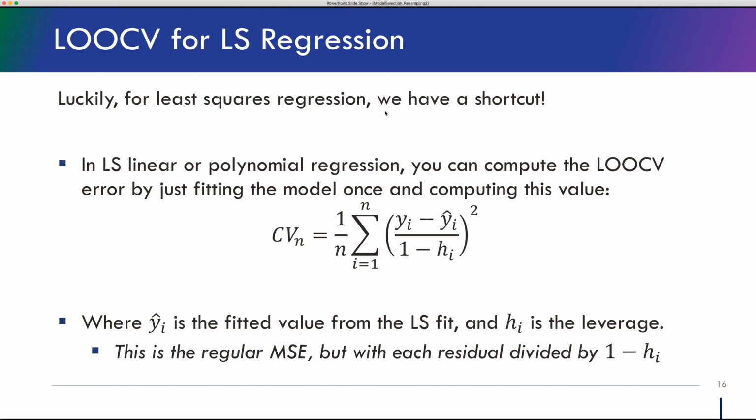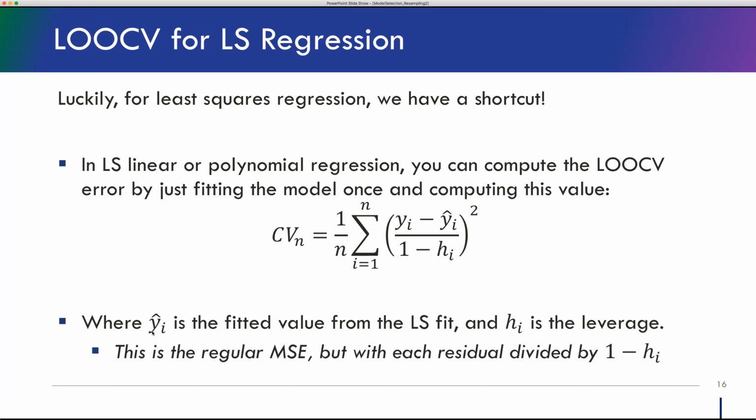We have this particular slide for least square regression. For least square regression, we actually have a shortcut for leave one out cross validation. This is for least square linear or polynomial regression. You can compute the leave one out cross validation error by just fitting the model once and computing this value. And this h_i, if you still remember, is our leverage for each data point.